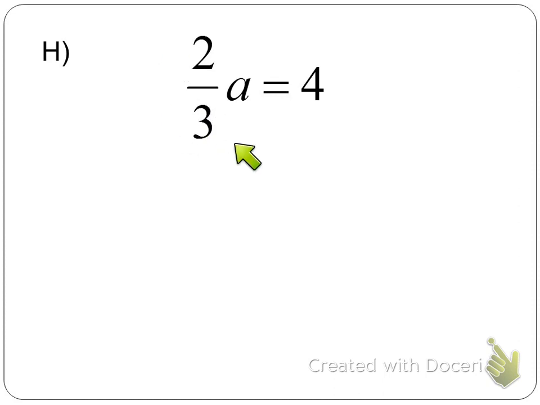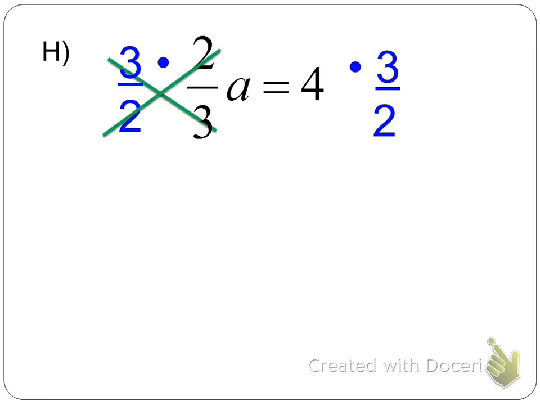That way we have something to divide out with the 3 and the 2. So we're going to multiply both sides by 3 halves. That way on the left, the 3s simplify to 1, the 2s simplify to 1. So you end up with 1A equals, and then you just have to do all the math over here.